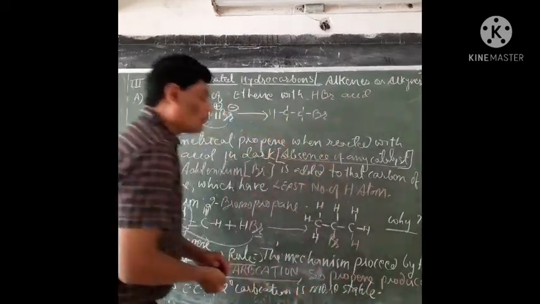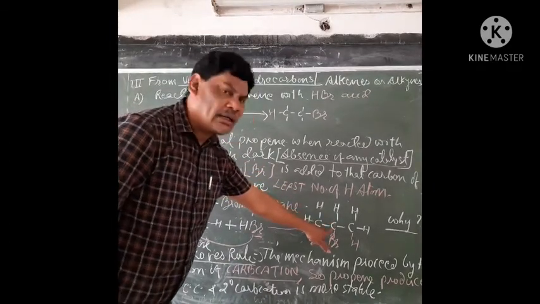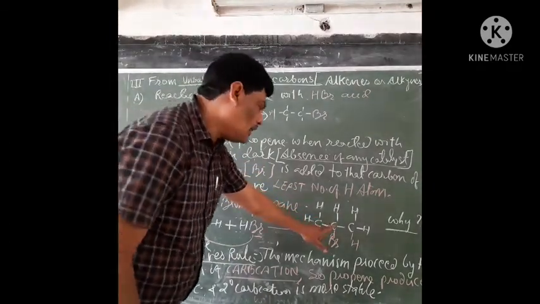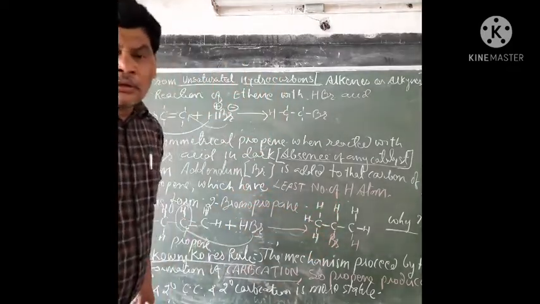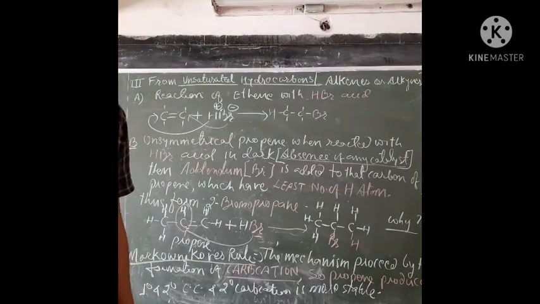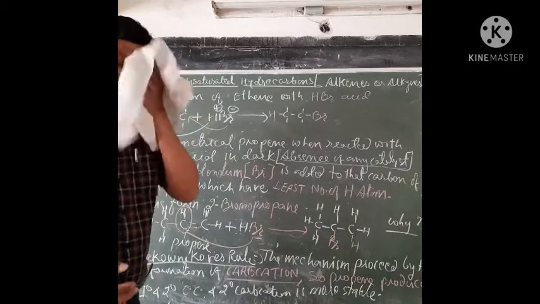Therefore the Br will attack the carbocation which is secondary. So here there will be a secondary carbocation and thus Br will attack here. The described mechanism we have seen in class 11th, just 1 or 2 months before.